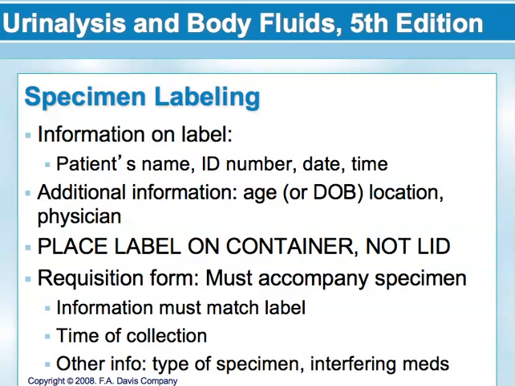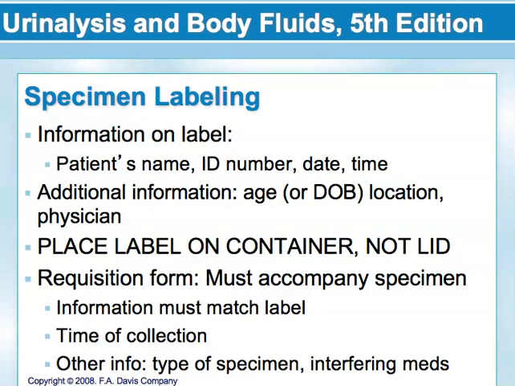Also, the label with the patient information must be attached to the container, not the lid. And that is because, if you've got, say, 5 urine samples set up on your workbench to perform testing on, you take the lids off of all of them. If those lids were to get mixed up for some reason, then you don't have the actual specimen itself labeled.